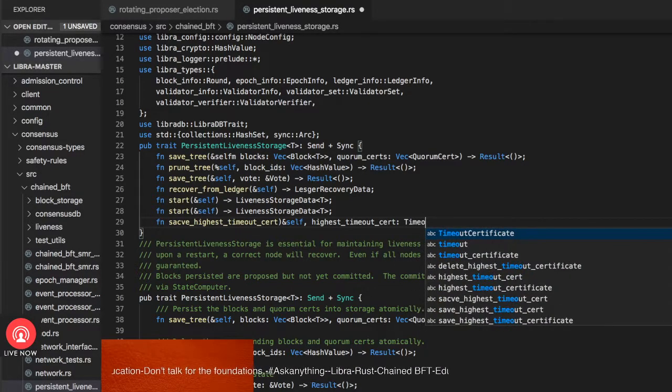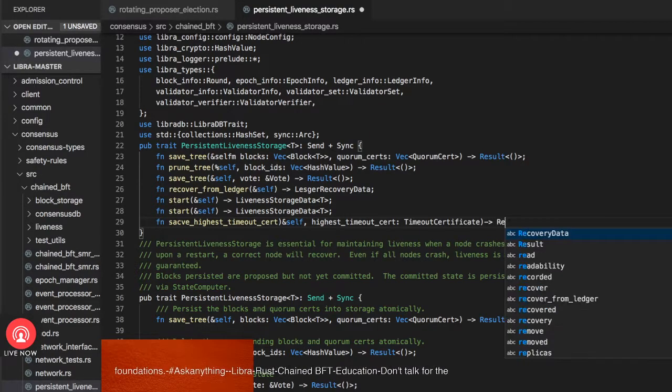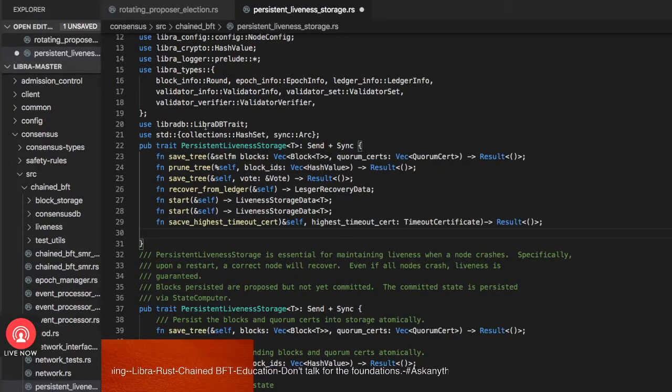So the timeout certificate is to be a result. So these are the six functions that the persistent liveness storage needs for having a good performance in the network.